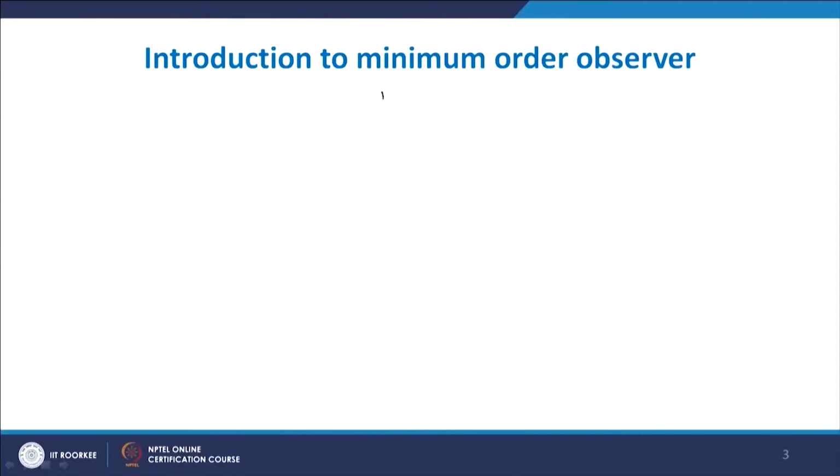That means, suppose the system has n states and there are say m states which are measured.